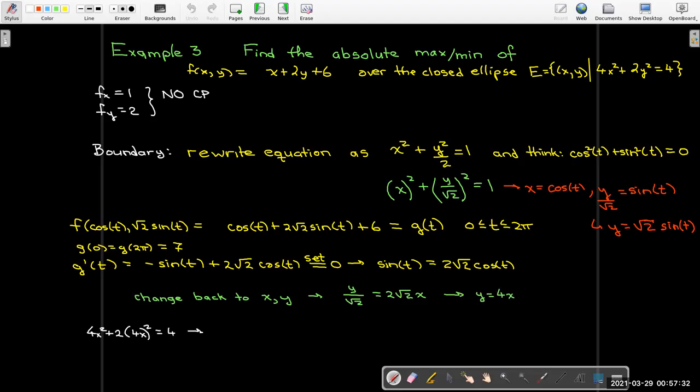All right, so replacing y with 4x in the equation for the ellipse gets me a simple equation involving only x, which I can solve and find two values, x equals plus or minus 1/3. Since y equals 4x, that means y equals plus or minus 4/3.